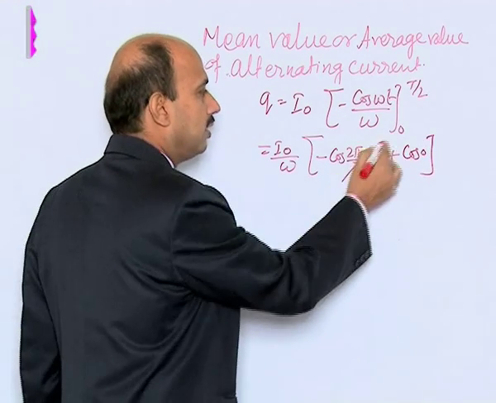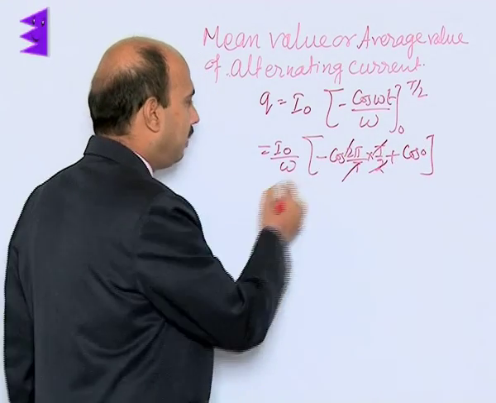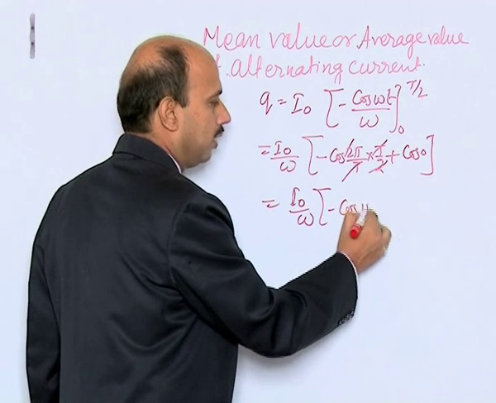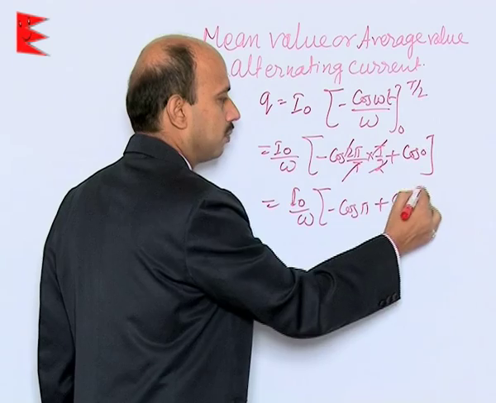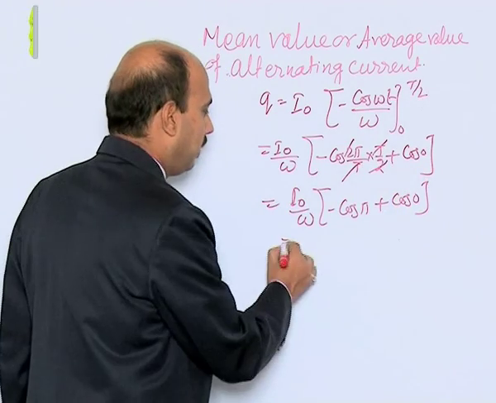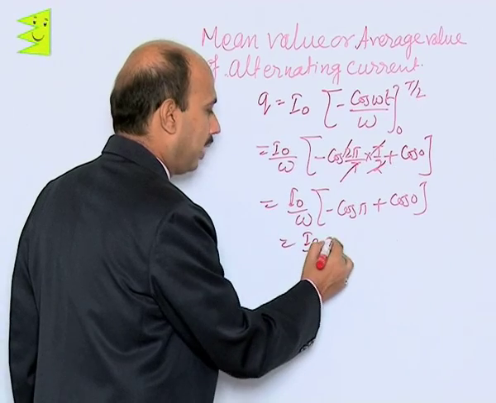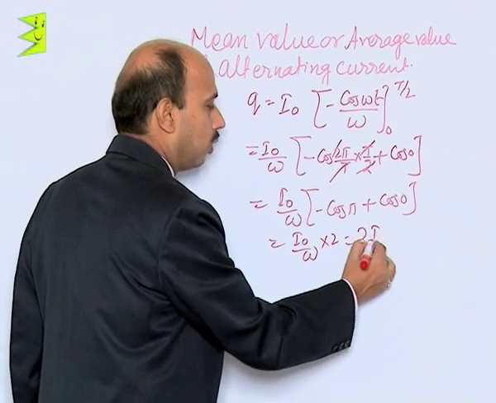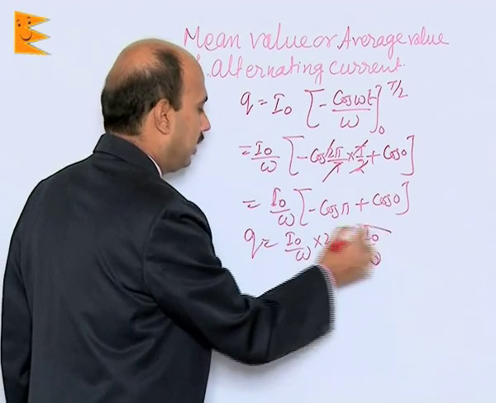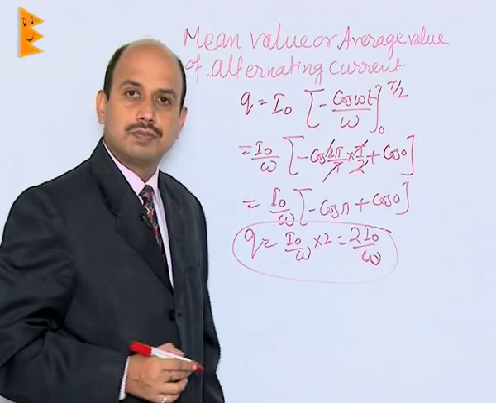So this and this will get cancelled. We get I naught upon omega into minus cos pi plus cos 0, and cos pi is minus 1. So it will be I naught upon omega into 2, that is 2 I naught upon omega. This is the charge supplied by AC in time interval T by 2.